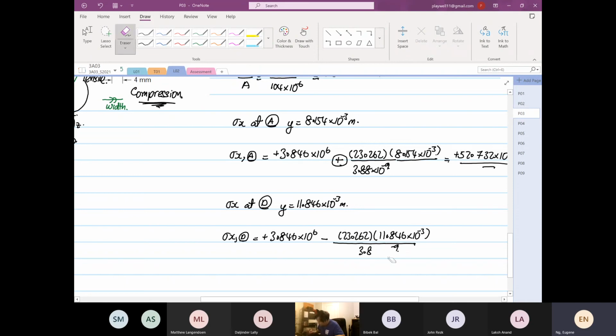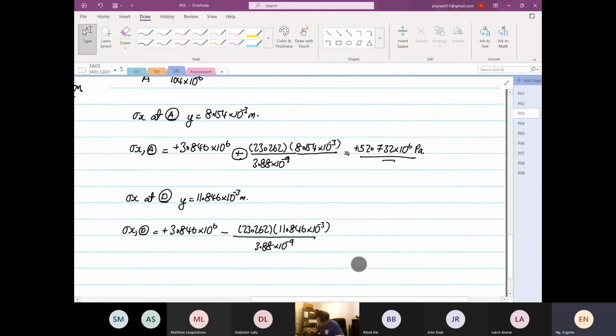Okay, let me write this out. 3.88. So this will be equal to positive 3.846 times 10 to the power 6 minus 23.262 times 11.846 power minus 3 divided by 3.88 power minus 9.